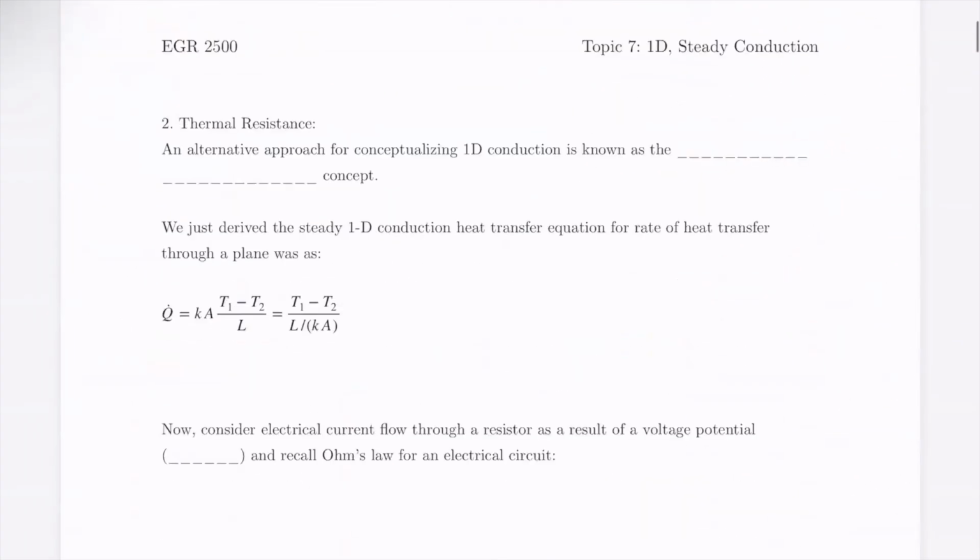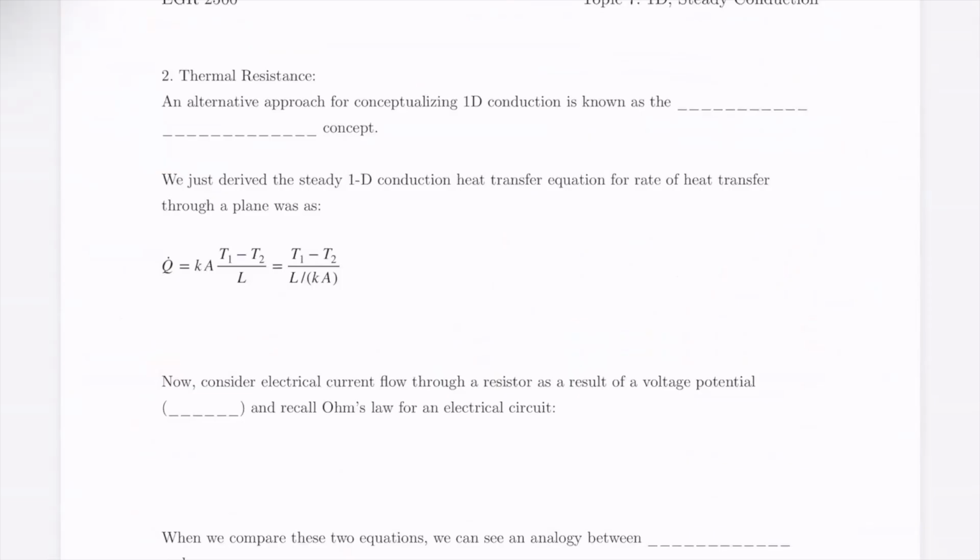And so now we're going to talk about an analogy approach to looking at these types of systems, which is known as the thermal resistance concept. We already just derived the 1D conduction heat transfer equation for the rate of heat transfer through a plane.